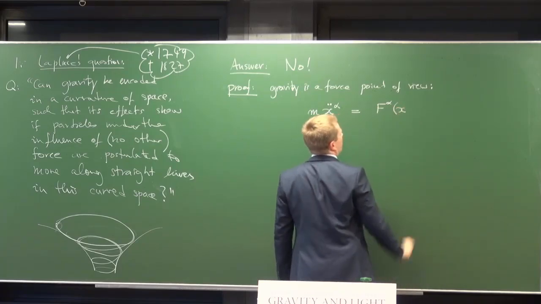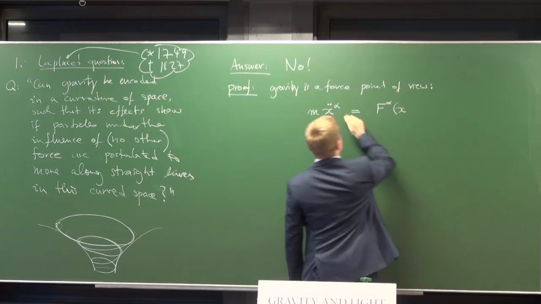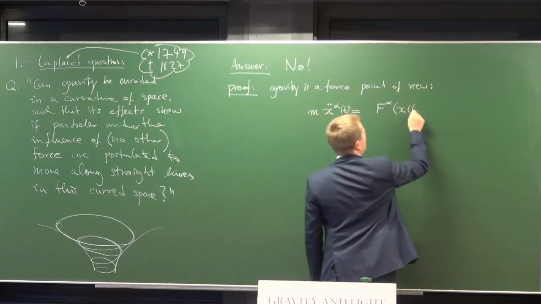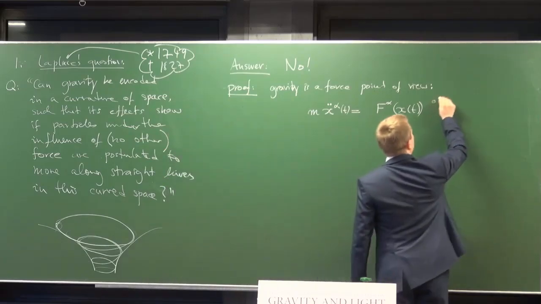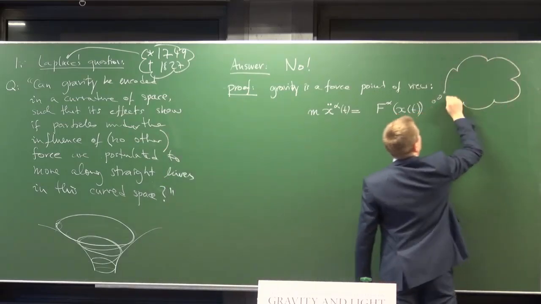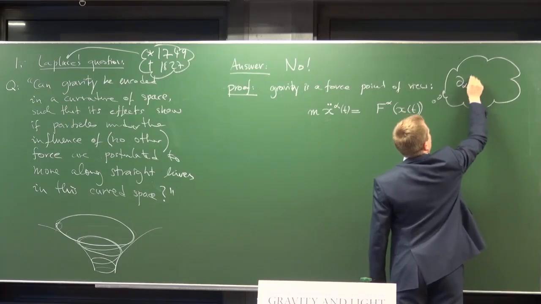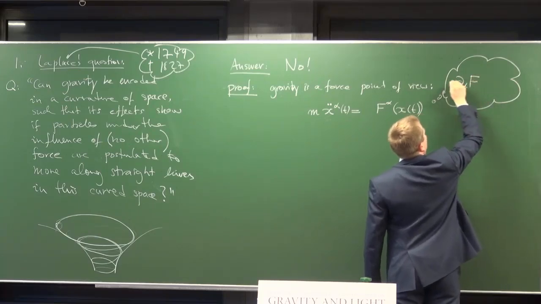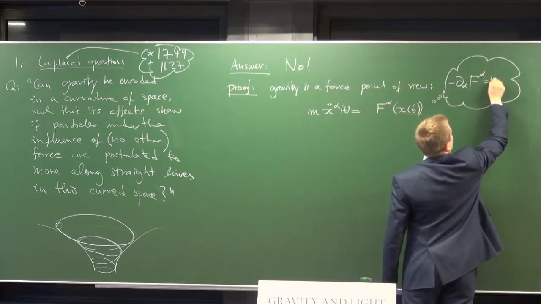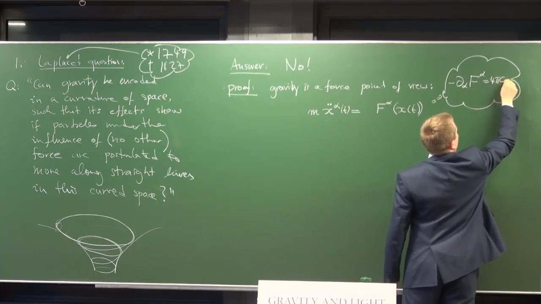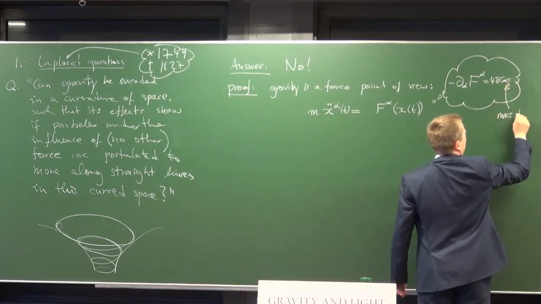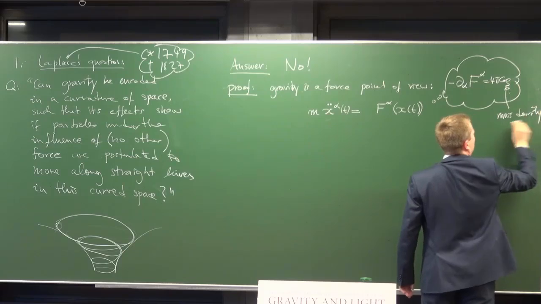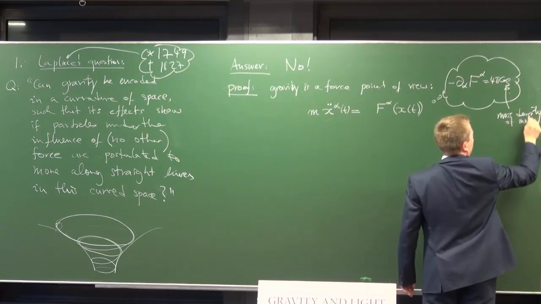And the gravitational force field, so this is at the point, so it's the naive formulation. If it's the gravitational force field, you know that it satisfies Poisson's equation. Poisson's equation is 4 pi Newton constant G times rho, and this is the mass density of matter in the universe.